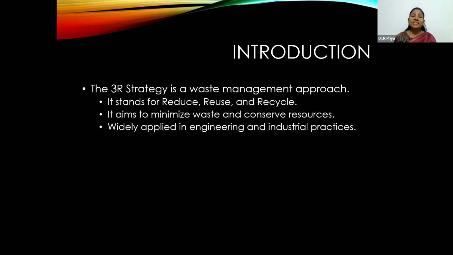Introduction. The 3R strategy is an important waste management approach used to handle waste in a reasonable as well as sustainable way. The term 3R stands for reduce, reuse, and recycle. These three principles guide us on how to minimize waste and make the best use of available resources.